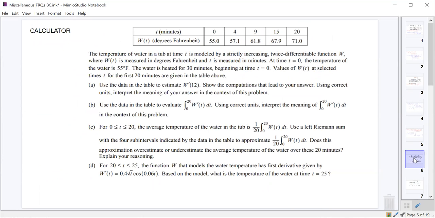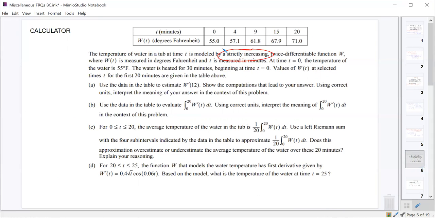This one should be very, very similar to the last one. You'll note that these show up pretty often. I would say every other year there's one of these type on the AP test. Should be easy points, hopefully. So we got temperature of water in a tub.